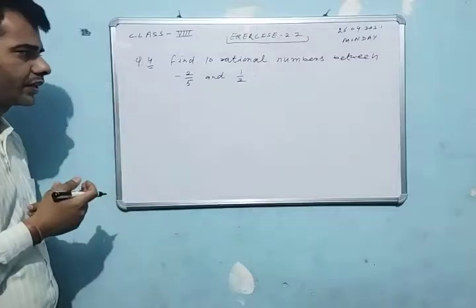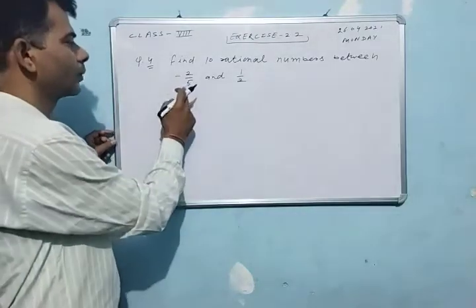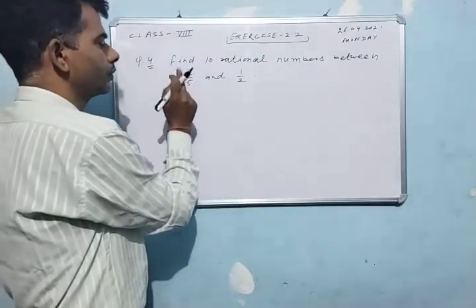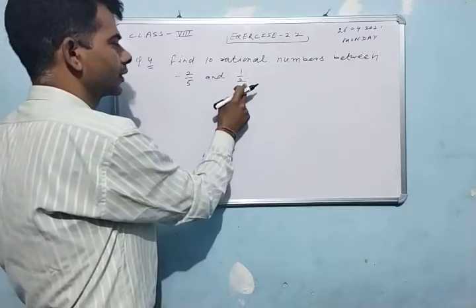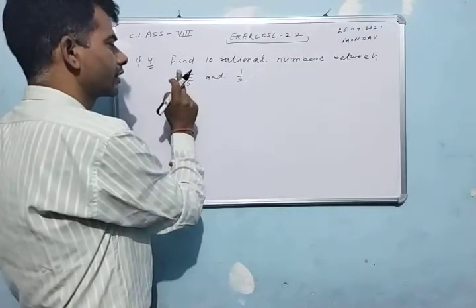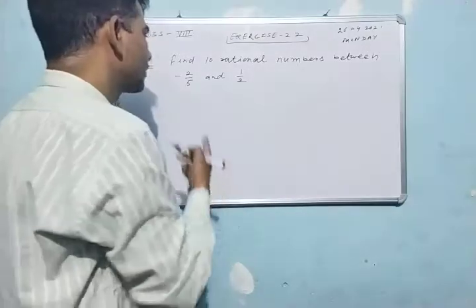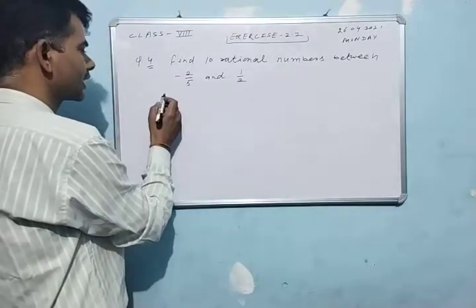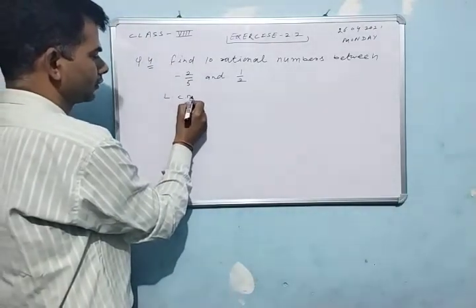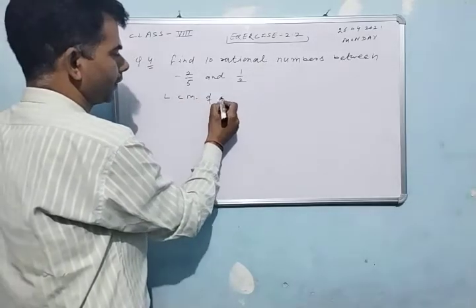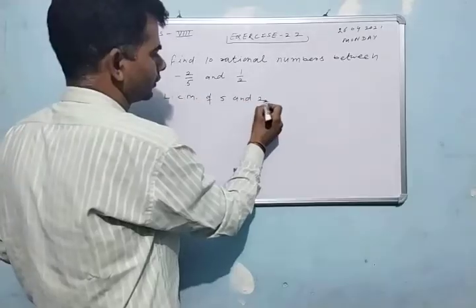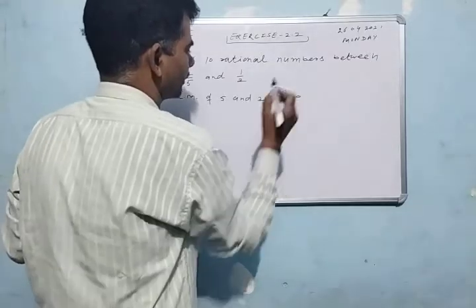Student, how can we solve it? First of all, we will make the denominator the same for both rational numbers. Students, what is the LCM of 5 and 2? The LCM of 5 and 2 is 10.